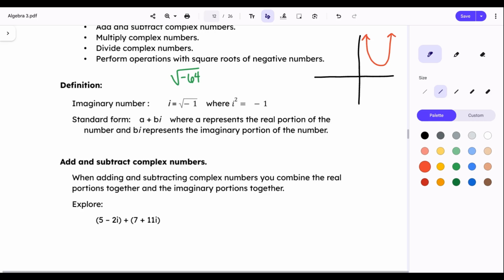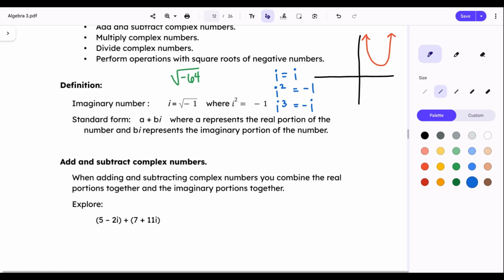The other thing to keep in mind is if you ever have an i squared, that can be simplified to a -1. So if you had just i, that would be equal to just i. If you have i squared, that would be equal to -1. If you have i to the third power, that would be equal to -i.